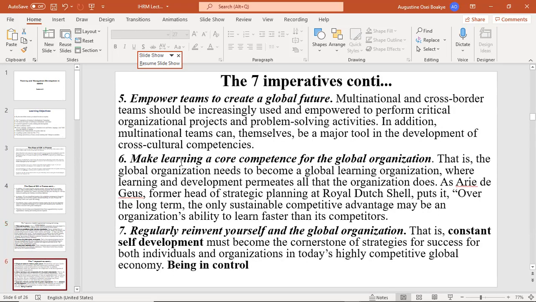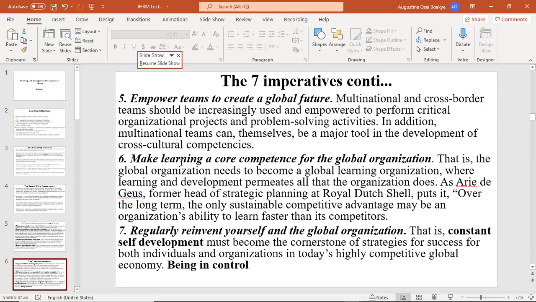Now, the fifth imperative is empower teams to create a global future. Multinational and cross-border teams should be increasingly used and empowered to perform critical organizational projects and problem-solving activities.